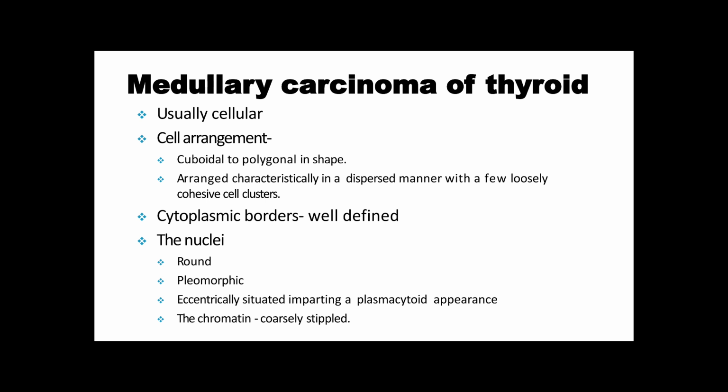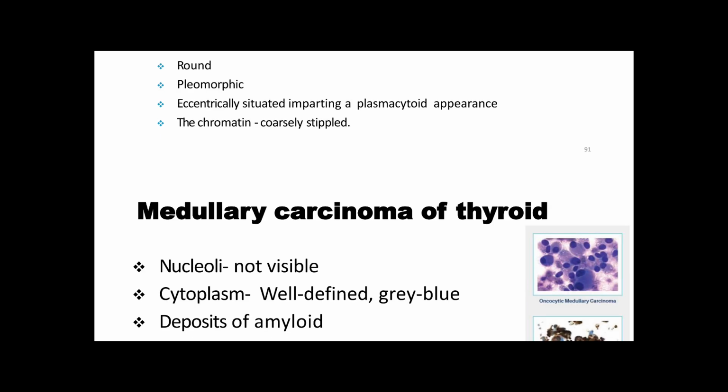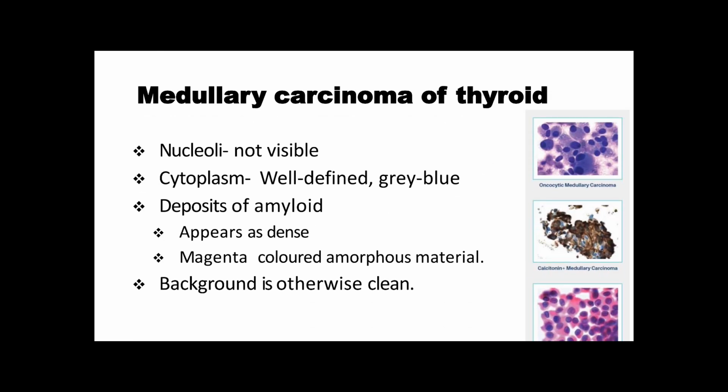You can see the chromatin is coarsely stippled, and nucleoli are not visible normally, with well-defined gray blue cytoplasm in the stained smear. There is deposit of amyloid, which appears as a dense, magenta colored amorphous material.